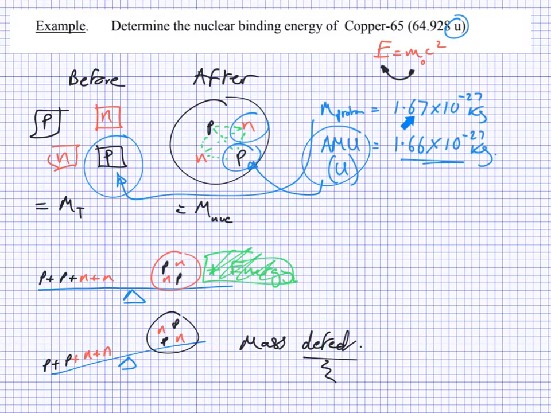The mass of a proton floating around by itself is actually bigger than what it would be if it was bound inside the nucleus. This represents this U value as the atomic mass unit of copper-65. If you measured it, notice that it's slightly lighter, it's less massive than what you would expect if you had all of the constituents separated out.